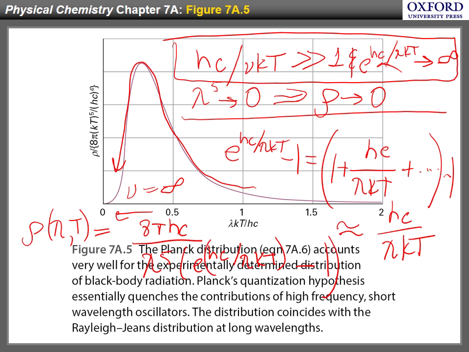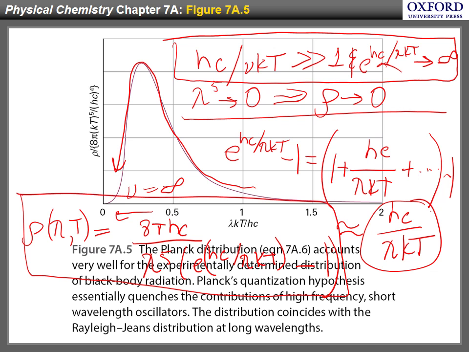If we include this approximation into the distribution, we actually get the Rayleigh-Jeans law. Now, let's write this out in a more legible way. Let me open up a new page.